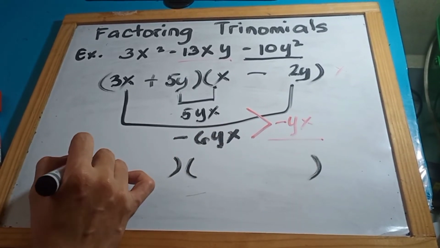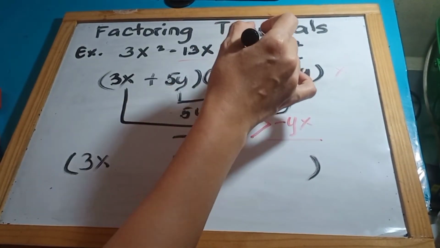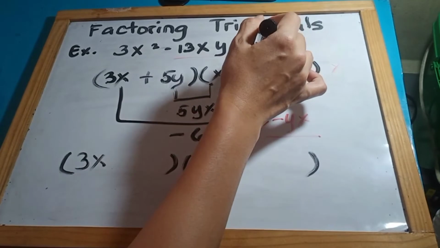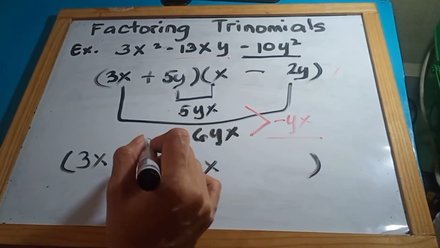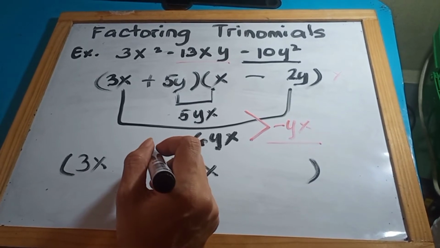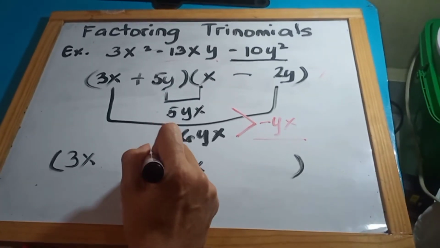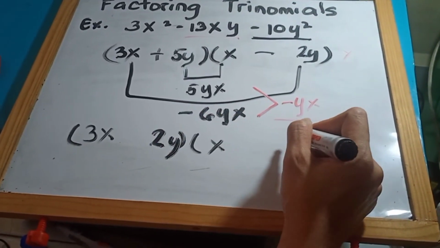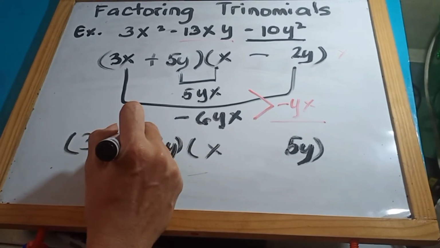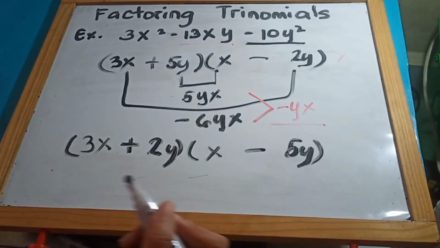So, yung first term, ganun pa rin, 3x and x. Another factor ng 10y squared is wala namang iba kundi 5 and 2 pa rin, or 2 times 5. So, let's say dito naman natin ilagay yung 2y, at dito sa kabila yung 5y. Tapos, ito yung gawin nating plus, at ito naman yung gawin nating minus. Okay?